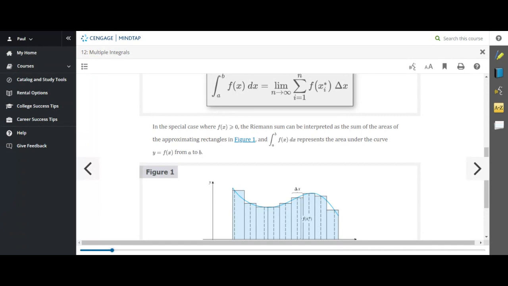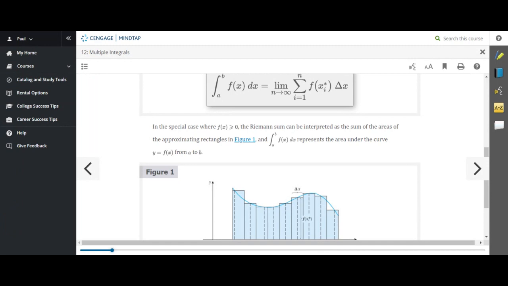But as you cut down on the subintervals, the widths of those rectangles, the sum of the rectangles approximates the area of the function better, and that's how the Riemann sum works.